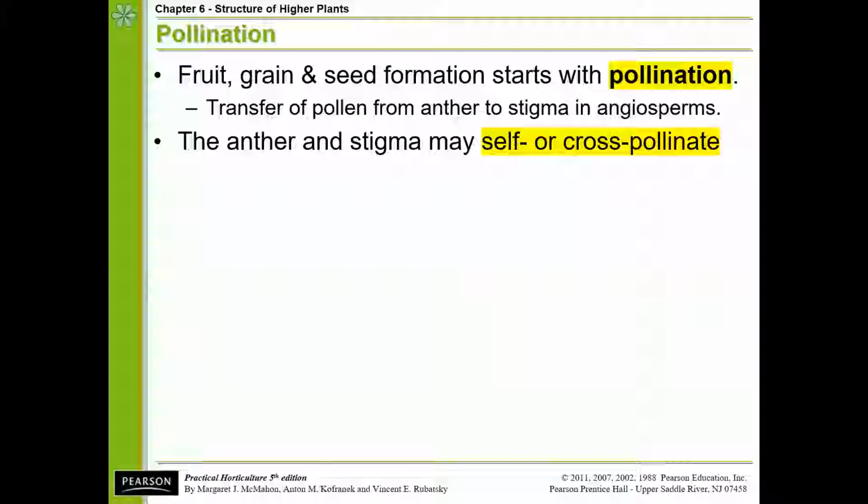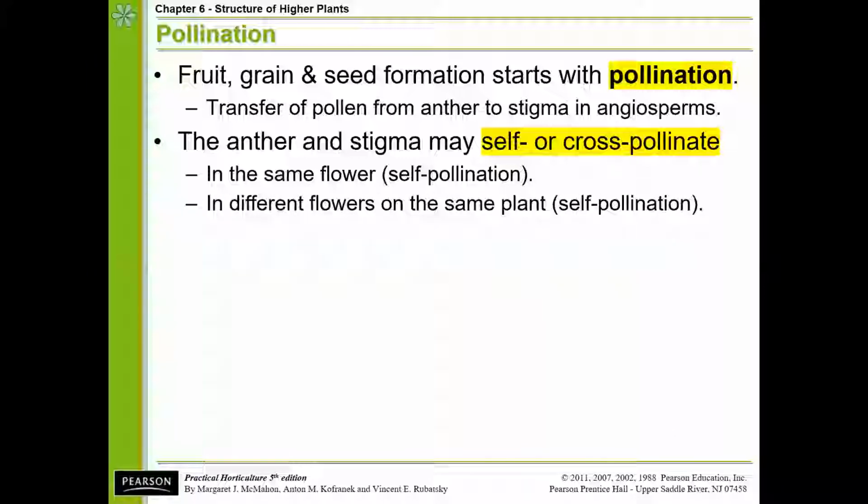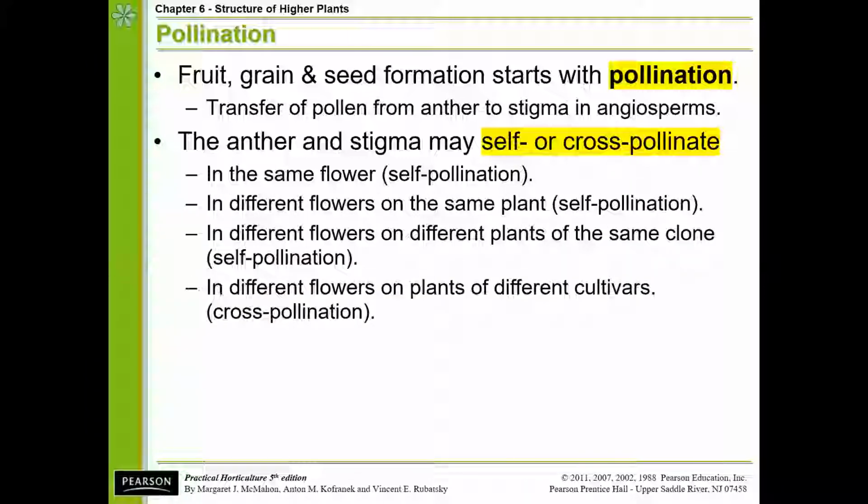But it's all initiated by pollination: the actual pollen, the male sex cell, landing on that fertile stigma, that sticky receptive part of the female plant, or female flower, I should say. And of course, recognize the difference in self and cross-pollination and the differences that come along with that in terms of genetics and how the genetics are passed down. For seed saving, it's important to know whether it's a self or cross-pollinating plant.